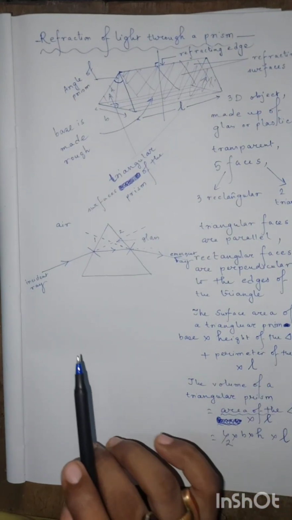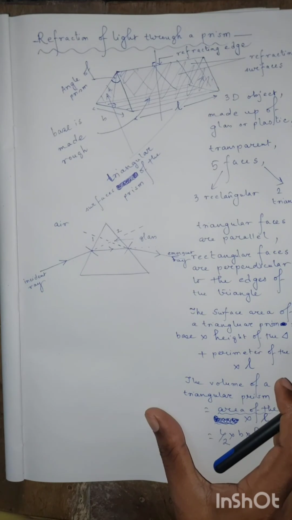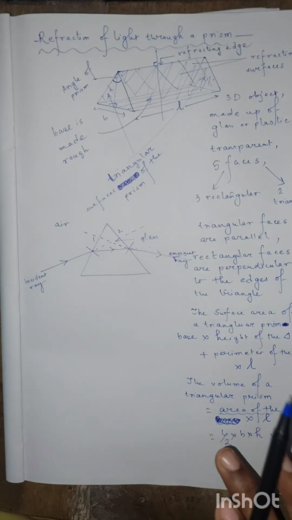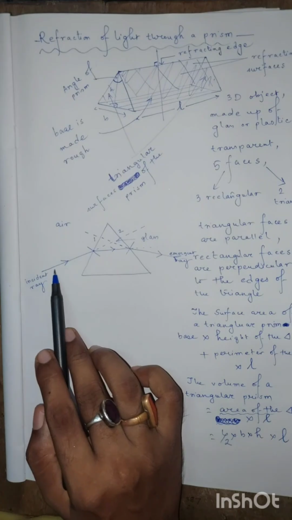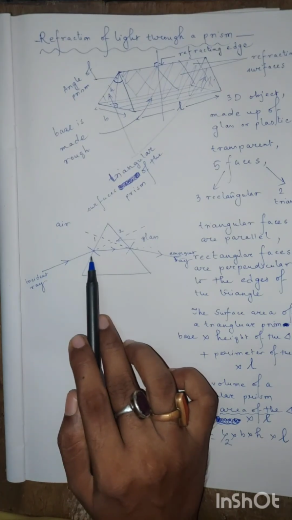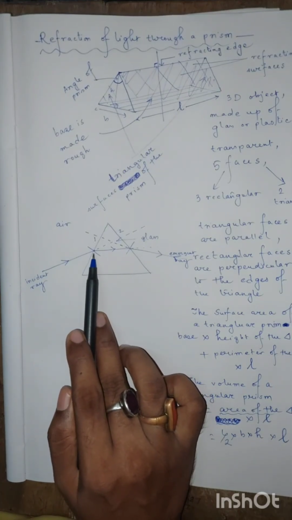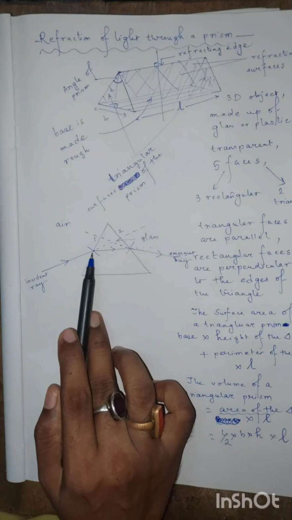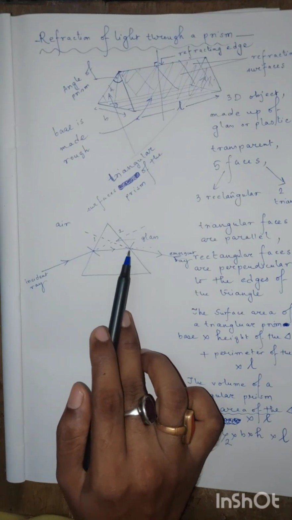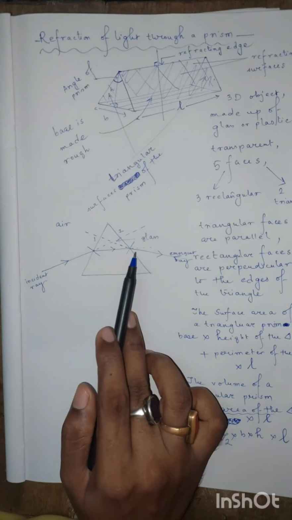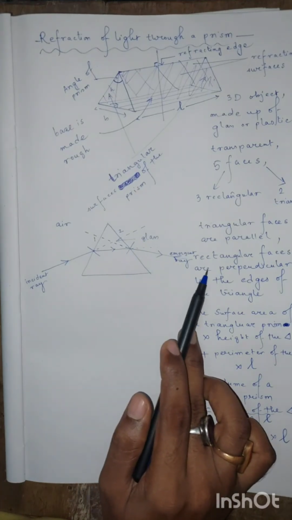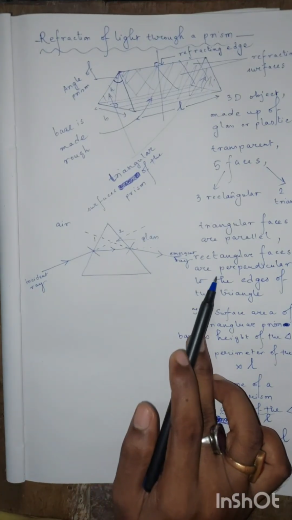Let me summarize it. First we are sending the light ray in this direction. After getting refracted, it bends towards the normal and strikes the second surface, and again it is getting refracted and moving away from the normal. This is the first thing we are doing.